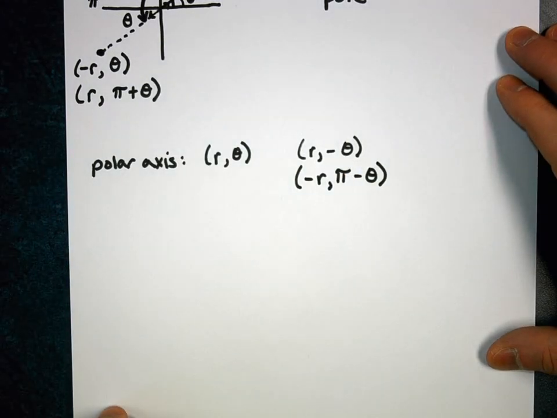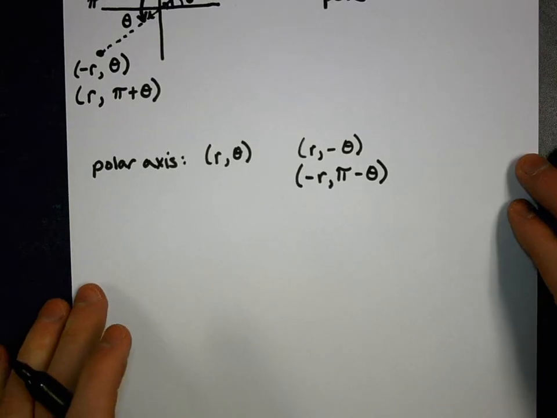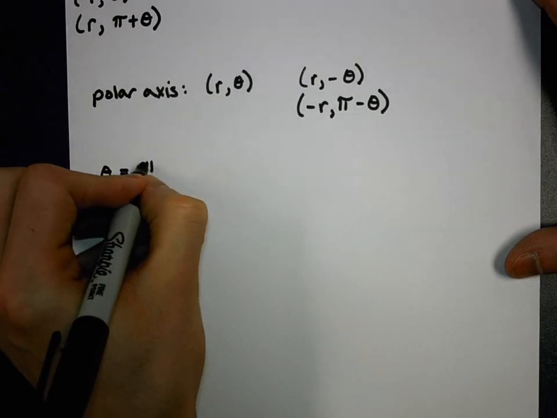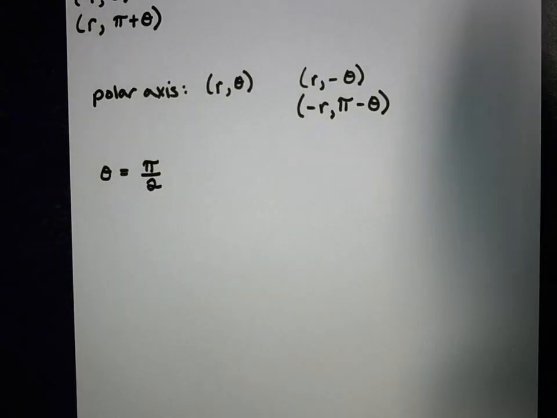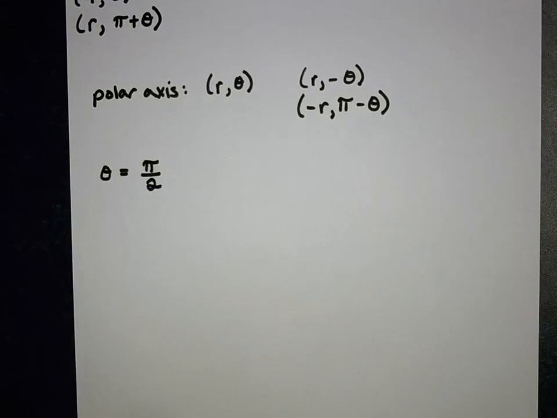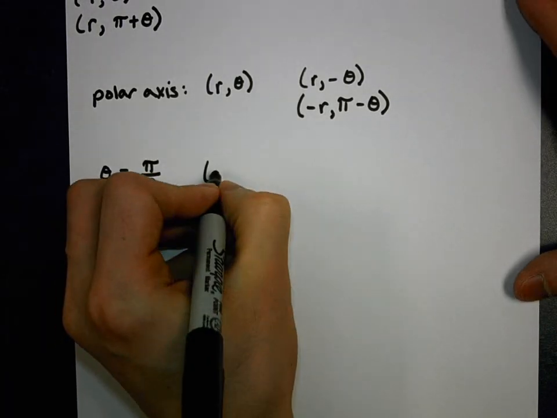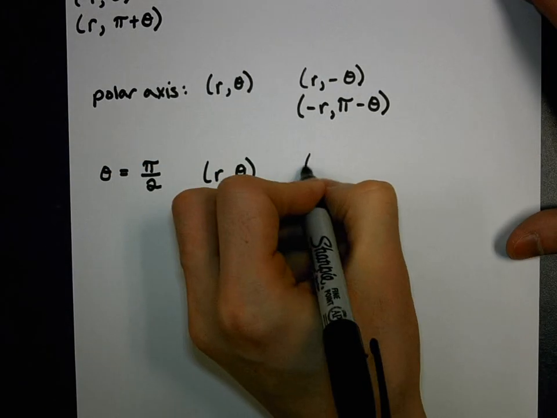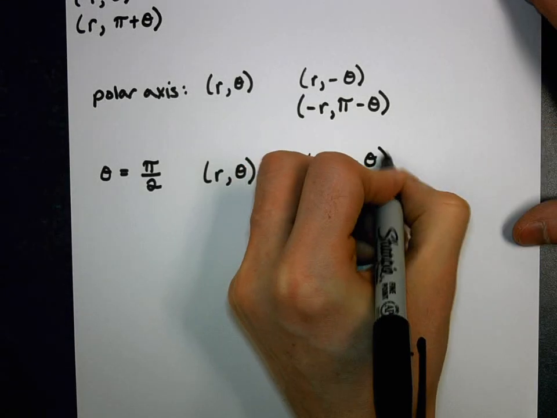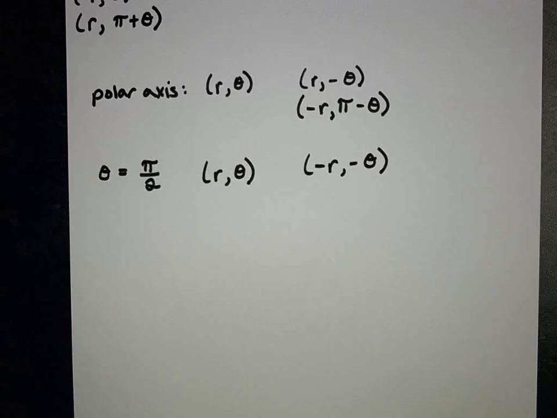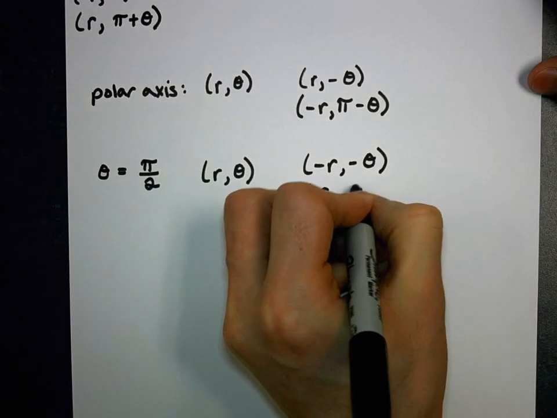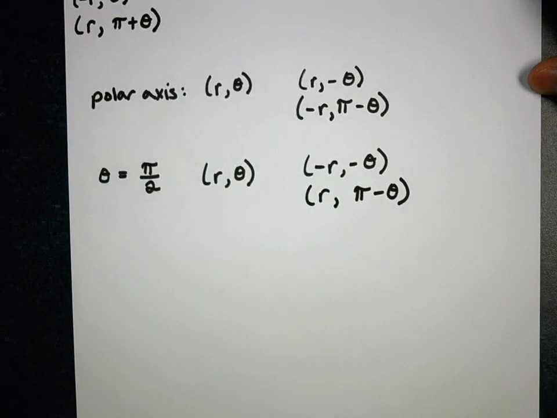The polar axis, once again, is like the x-axis reflection. We then looked at the reflection across the line theta equals pi over 2, the y-axis reflection. For every (r, theta), that would mean that (-r, -theta) needs to be on the graph. Or if I want to look at it from the positive r perspective, (r, pi minus theta) needs to be on the graph.